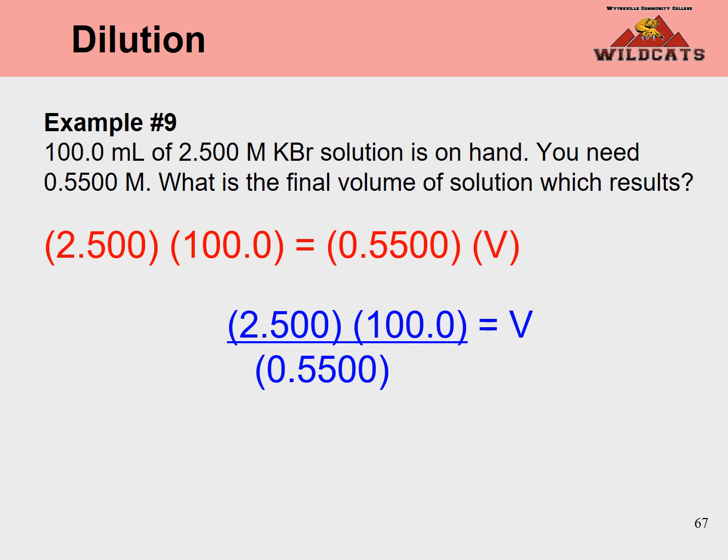So I'm going to send the 0.550 to the left by putting it on the bottom on the left. And I end up with 454.5 milliliters, which would mean I would take the solution and then dilute it up to 454.5 milliliters. And I would then have a solution with a concentration of 0.5500 molar.